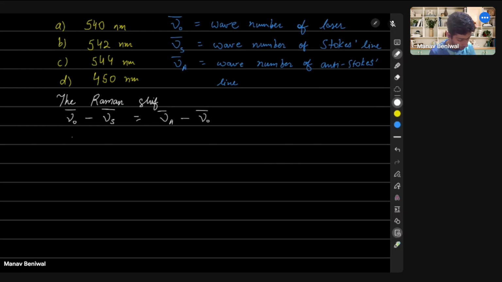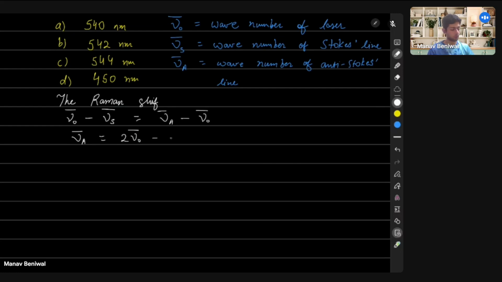So from here we can write the wave number of the anti-Stokes line to be 2 times the original wave number of the laser minus the wave number of the Stokes line.